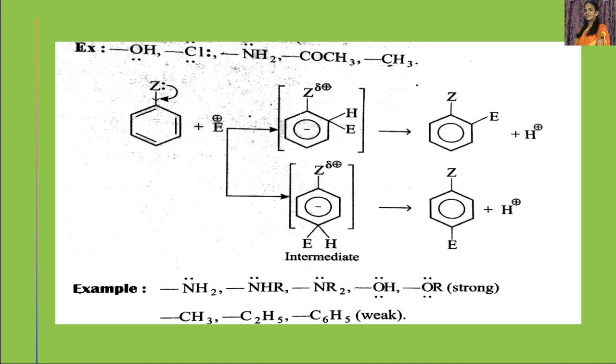So the rate of the reaction increases, and these groups direct the incoming electrophile to ortho and para positions only.